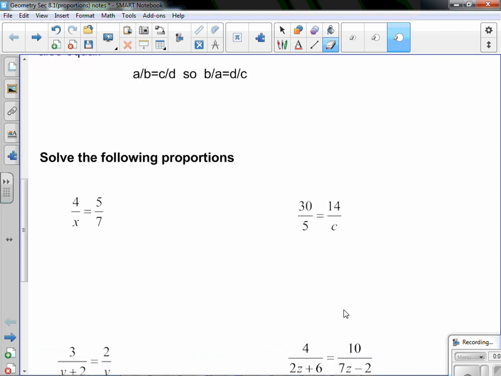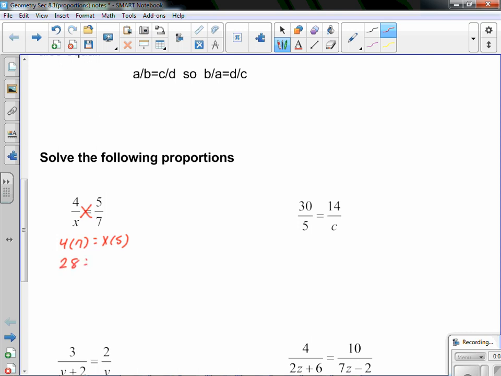And so last little bit here, solve the following proportions. In order to solve it, we use the cross product property, or you'll hear it called cross multiplying, multiplying on the diagonals. So for this one, we have 4 times 7 would equal x times 5.